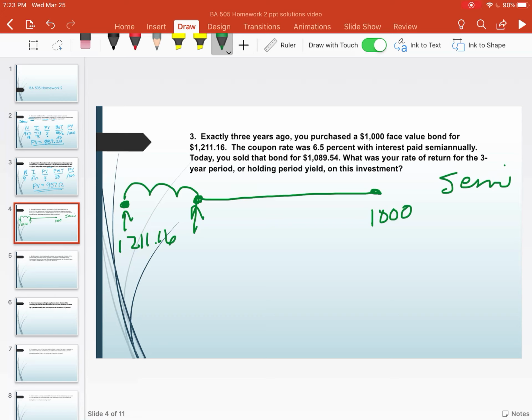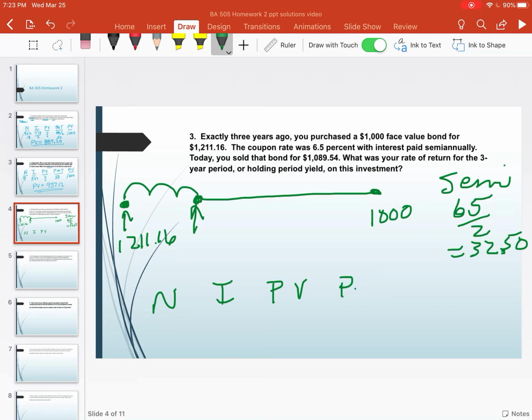And since it's semi-annual, it's 65 divided by 2, which is going to be equal to $32.50 every 6 months. So again, if we're in I, PV, PMT, and FV, we actually have our $32.50.